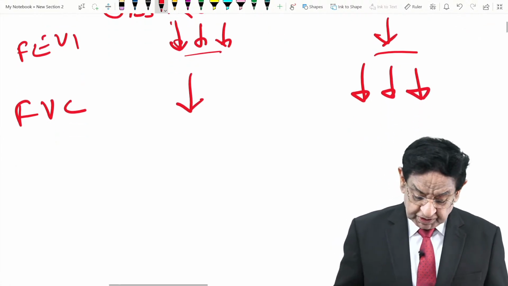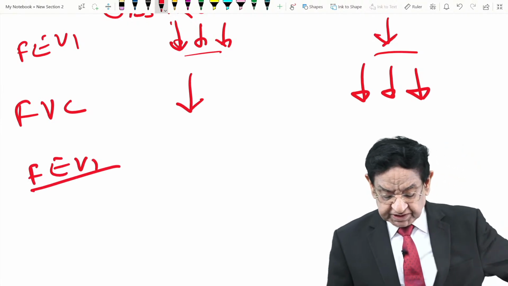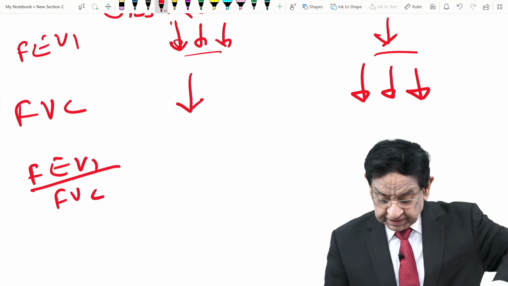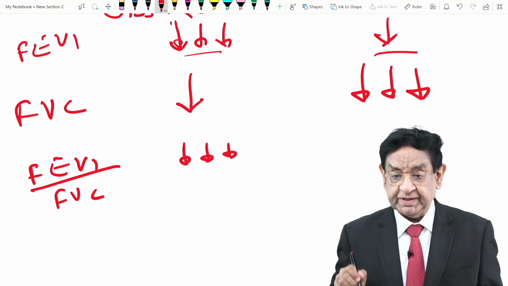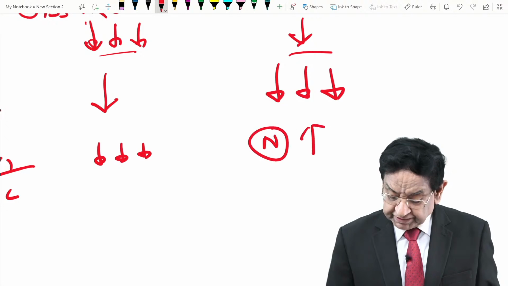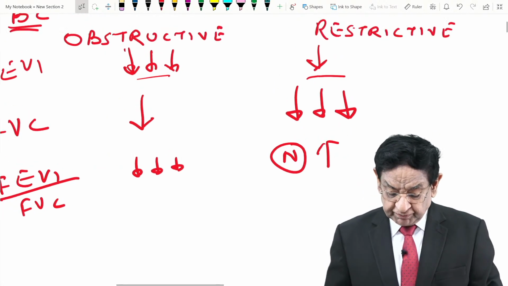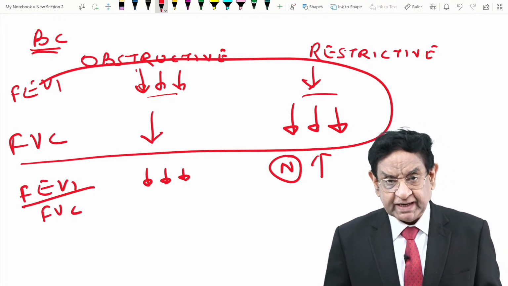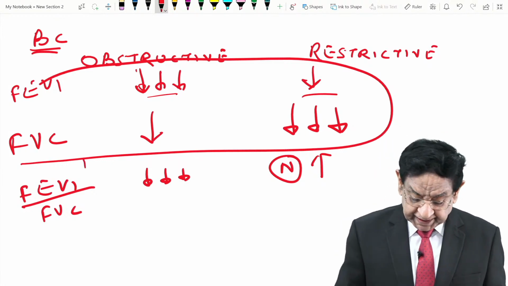So what we do is check the FEV1/FVC ratio. This ratio is highly reduced in obstructive airway disease, and it may be normal or increased in restrictive airway disease. You cannot decide by a single value to differentiate between obstructive and restrictive; you go by the ratio.